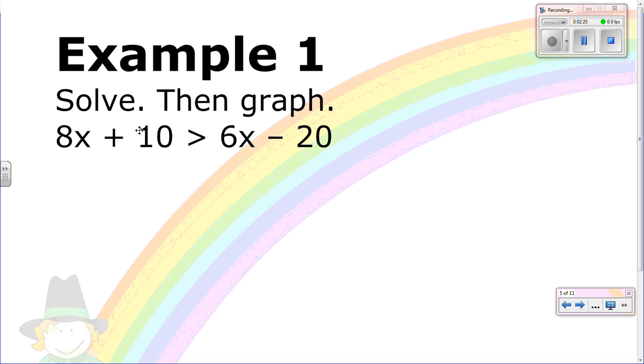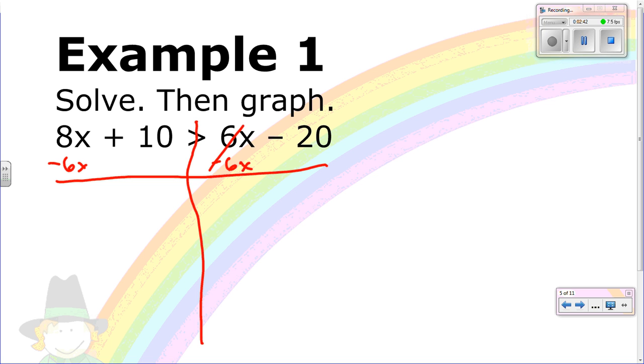Okay, the first thing we want to do is get our x's on the same side of the inequality. Don't forget you can draw a line through the inequality so you know what you have to cross over. So I'm going to subtract the 6x to the other side. The reason I subtract is because I don't want to end up with a negative.